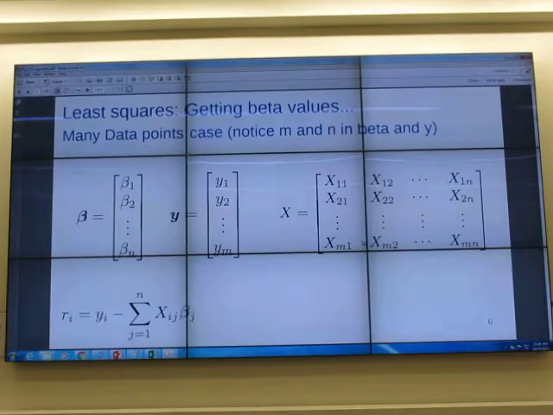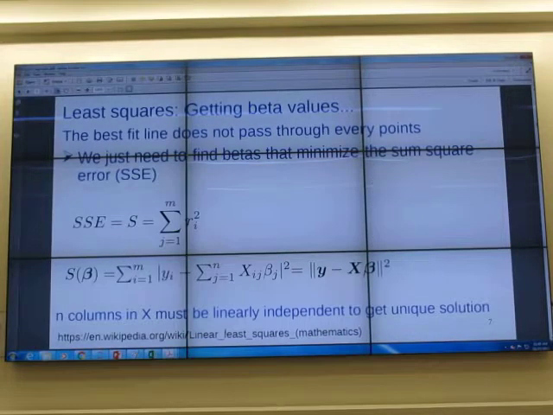Okay. How do we get the beta value? Beta is the coefficient, right? If we know the coefficient, then we are done. So that's the residual equal to this, y minus the output from the model. Then I have the sum square error.